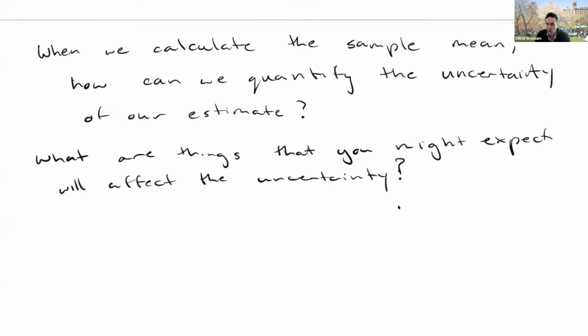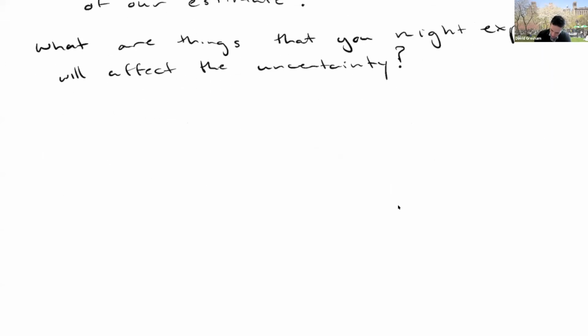So who can report back from one of their groups on one of the factors that's going to impact the uncertainty of your estimation? The intrinsic variability of the underlying data. Right, the variability of the data, right? So that is, one is the variance in the population. Variance, so the more spread in your population, do you think you're going to have more uncertainty or less uncertainty?